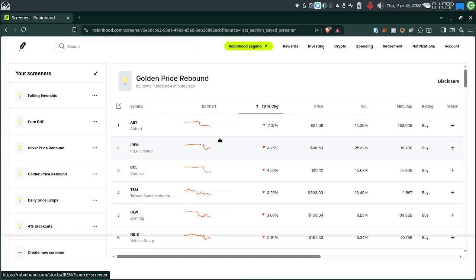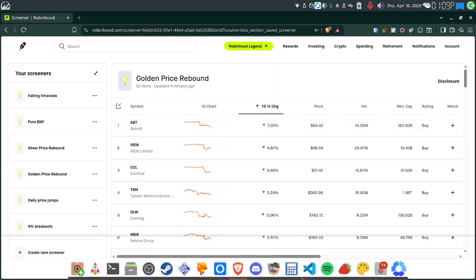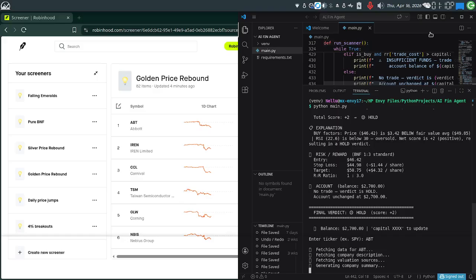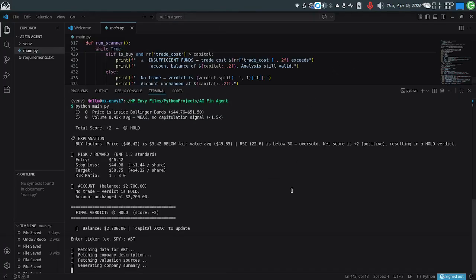Abbott currently is sitting at number one for the largest drawdown. So I say ABT, Abbott. As you can see, a hold is a no trade, so it doesn't assist you with buying the shares for a 1 to 3 risk reward ratio.